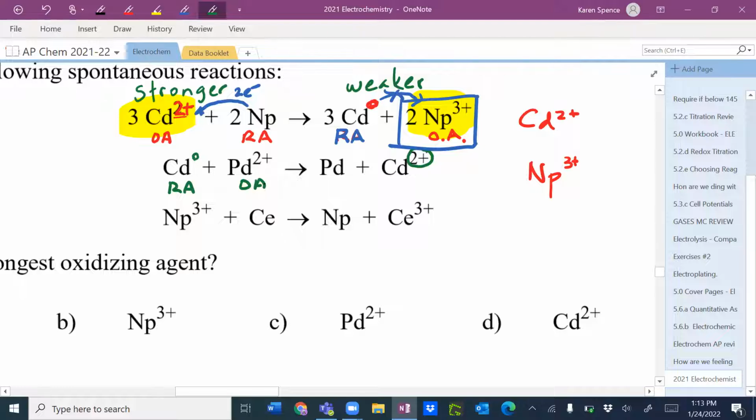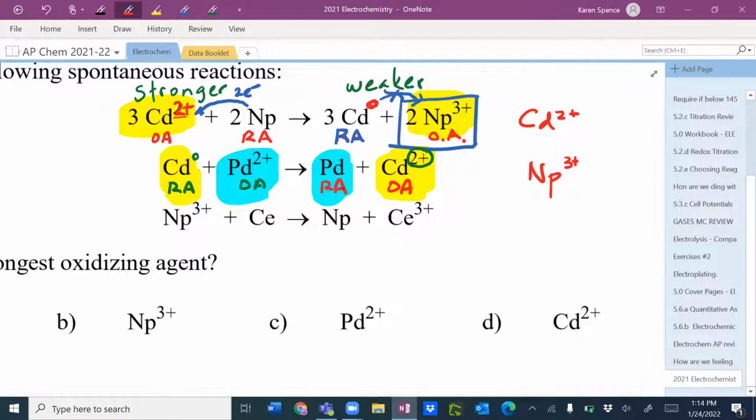And whoever was the reducing agent is going to turn into an oxidizing agent. And whoever was the oxidizing agent is going to turn into a reducing agent. Okay.